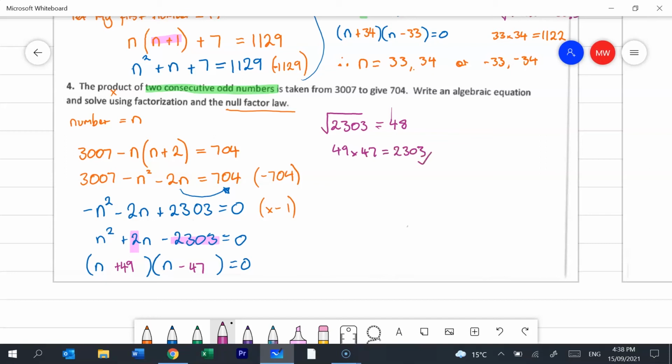Fantastic, so they are great factors. So that means that to answer this one, n is 47 and 49, or n can also be minus 47 and minus 49.